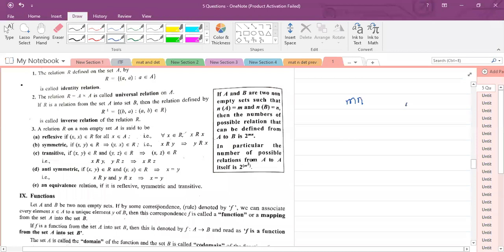Then 2 raised to mn subsets can be drawn from that. Therefore, the total number of relations is 2 raised to mn. In particular, the number of possible relations from A to A itself, if n of A is equal to m, is 2 raised to m square, because it is 2 raised to m into m.